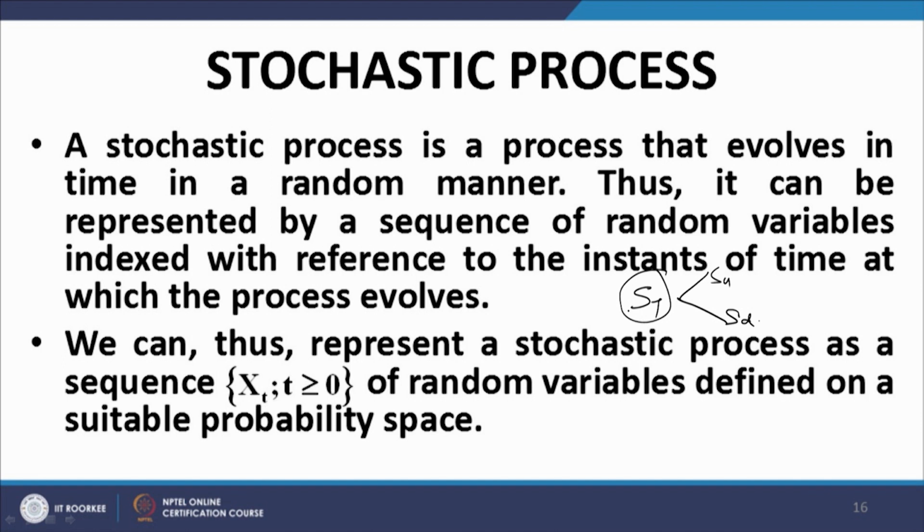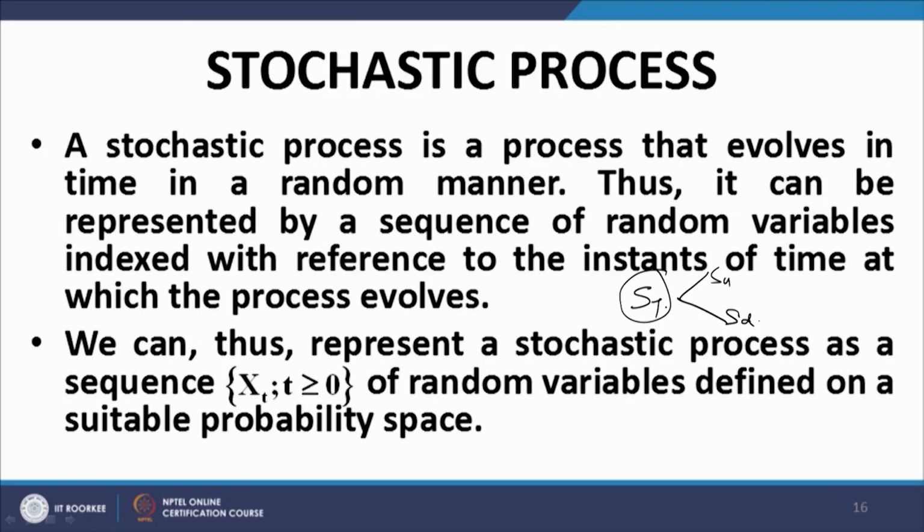Now this was a single step model. This was a model where the stock underwent a transition only at one point in time, and if we have a two step model, then we can model it using two random variables, one random variable to capture the jump at t equal to 1 and the second random variable to capture the jump at t equal to 2.